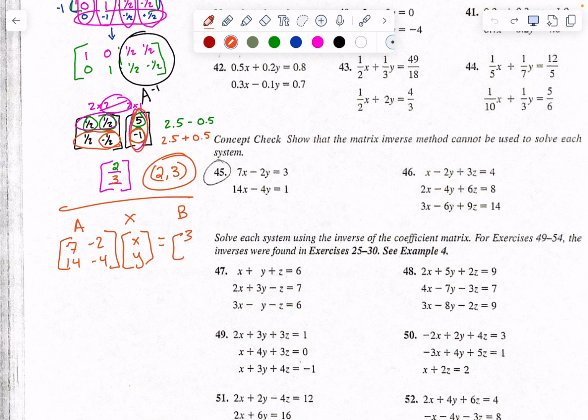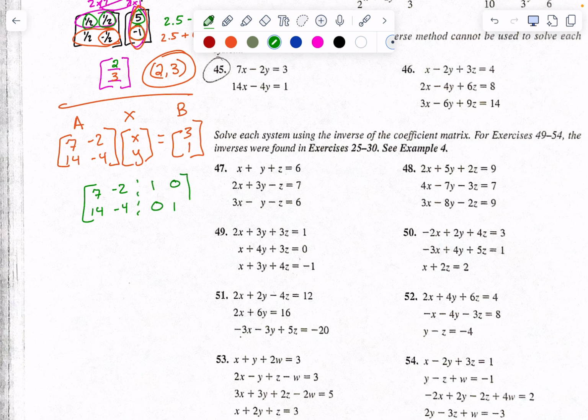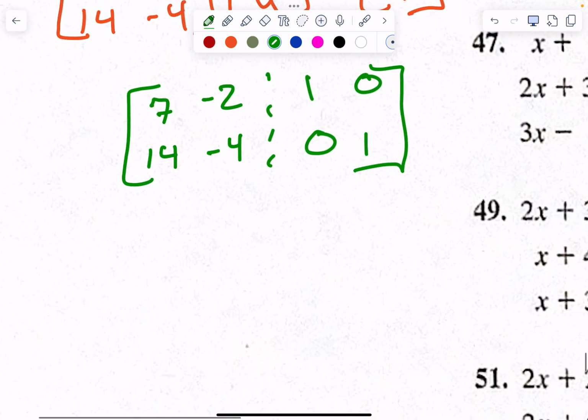Normally we start by taking the A matrix, 7, negative 2, 14, negative 4, and augmenting it with 1, 0, 0, 1. That's where we start. Am I doing okay so far?